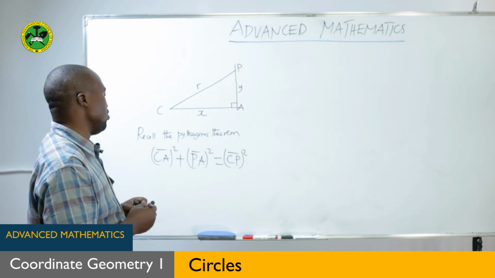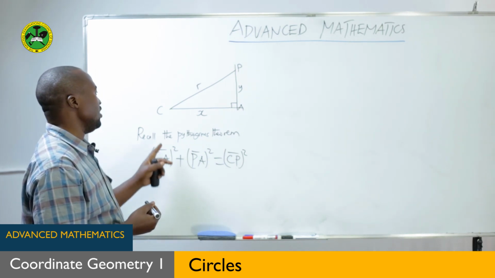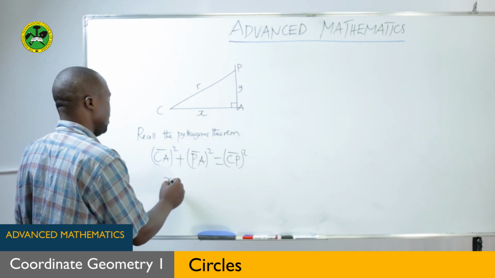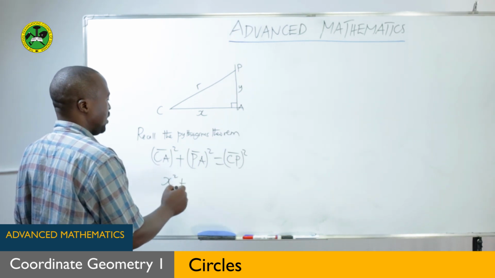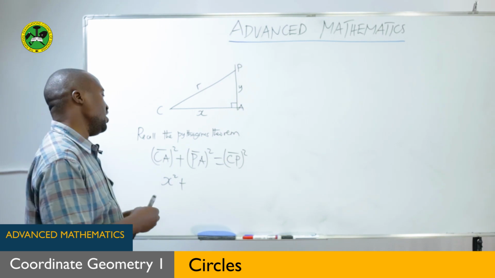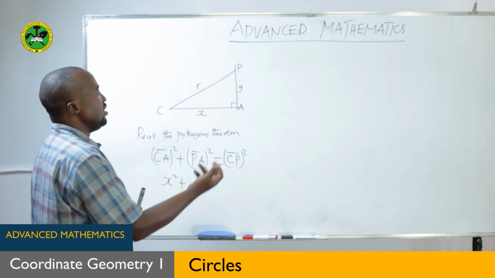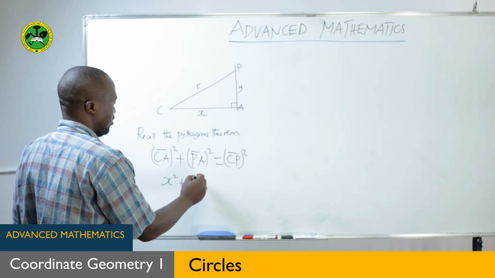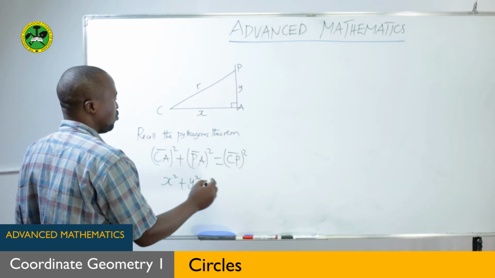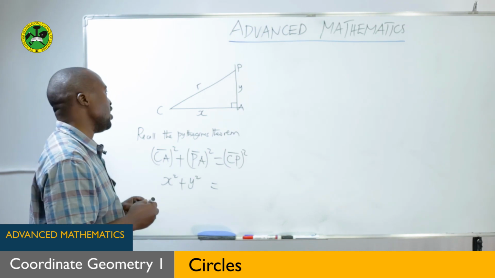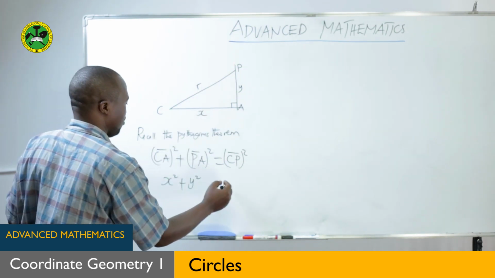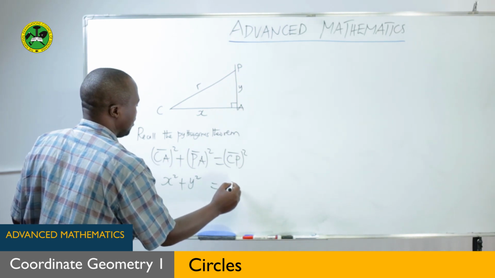But in our triangle, CA is equal to X. So here we have X squared. Then plus, we have PA squared. What is PA? PA is equal to Y. So this one is Y squared. This one is equal to CP squared. CP is the radius, or R. So that is R squared.